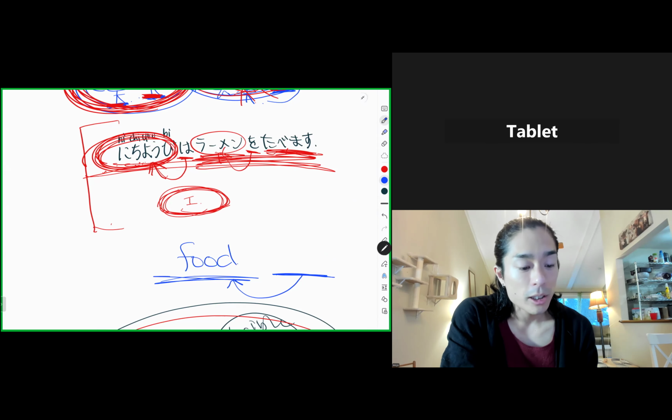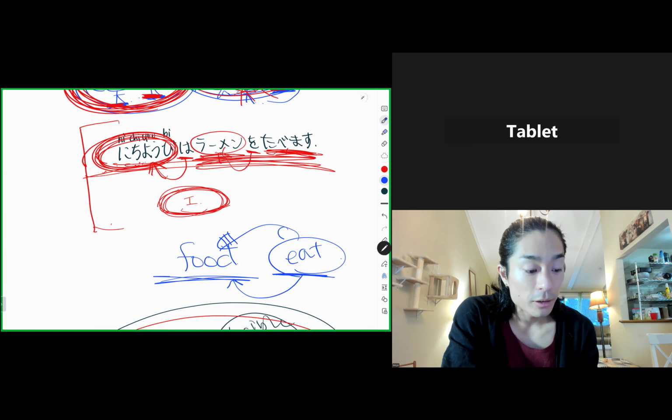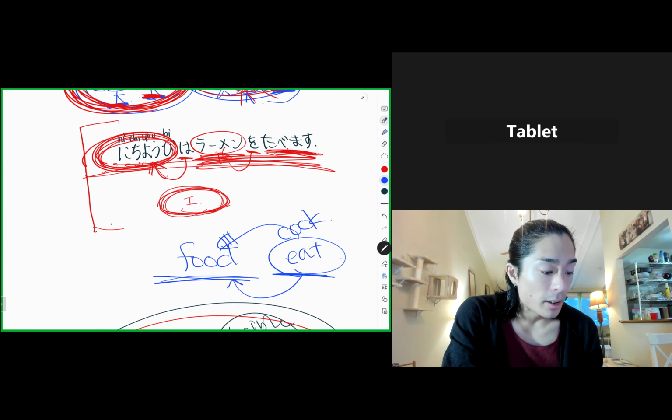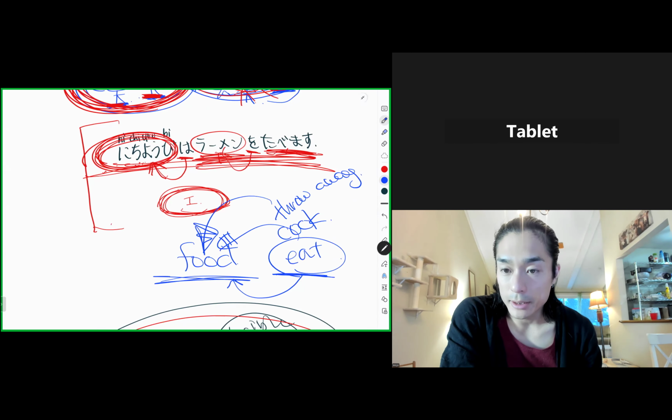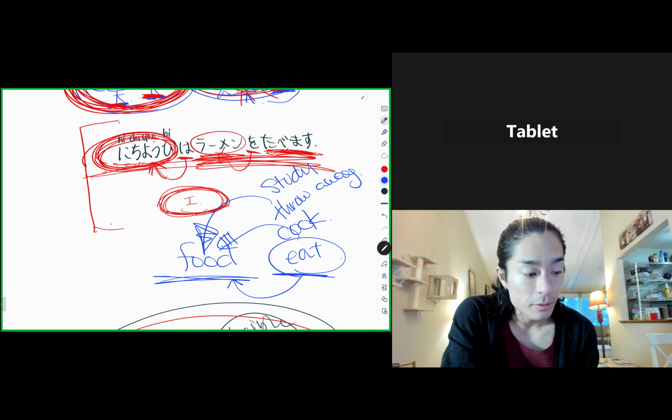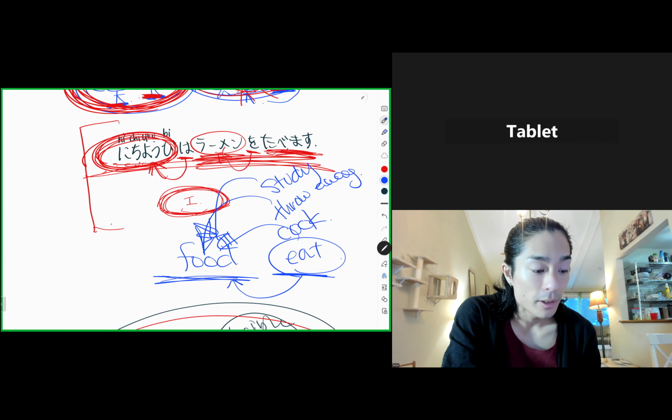Food. What kind of verb can you use to make food an object? Yeah, eat, right? That's pretty easy. Or even cook. I cook food, right? Anything else? Like throw away. To throw away food. That one too, we're making food the object. I study food. This one too, making food the object, right?